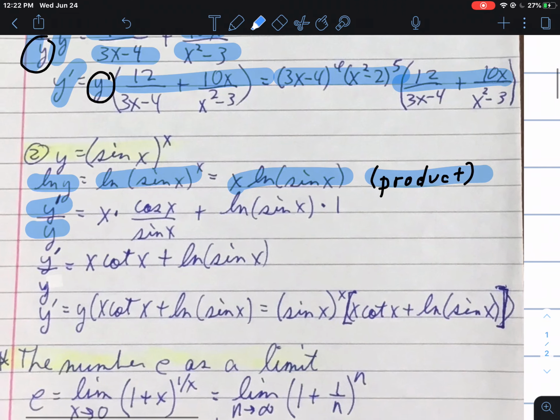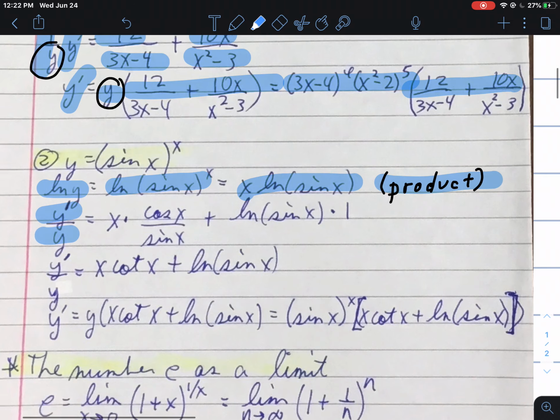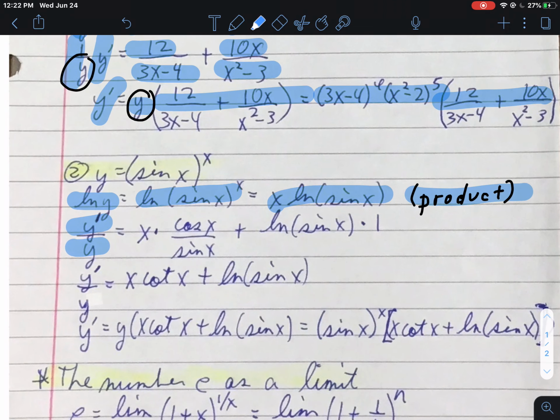But for a natural log function, it's simply the derivative of the argument, which is y prime in this case, divided by the argument, because we are differentiating with respect to x. And again, I'm not writing it every time, and I'm going to ask that you do, to show that you are using your implicit differentiation to get to that next step.